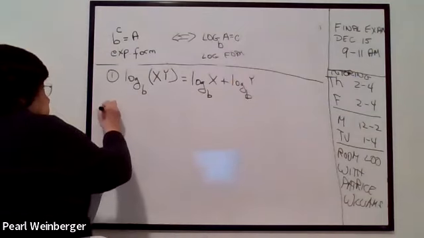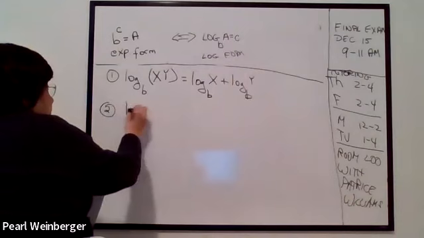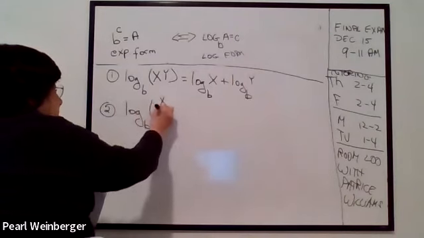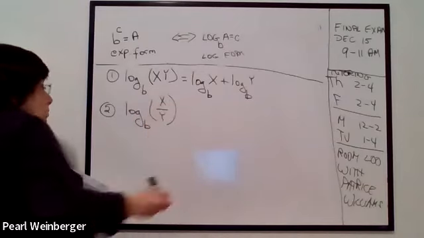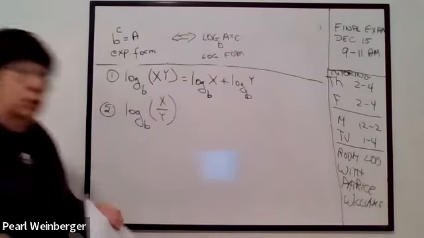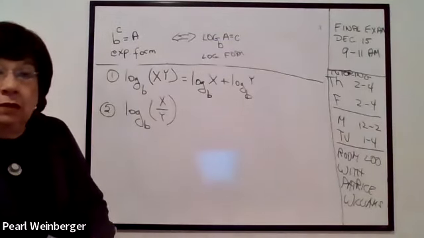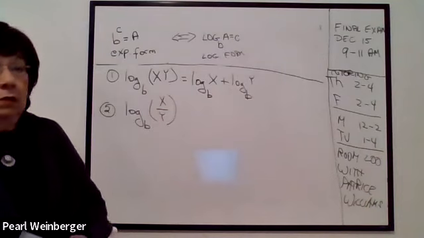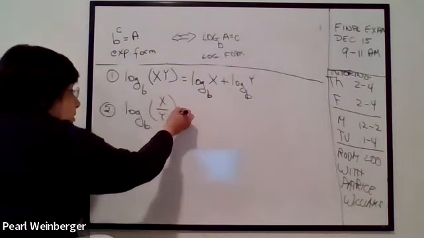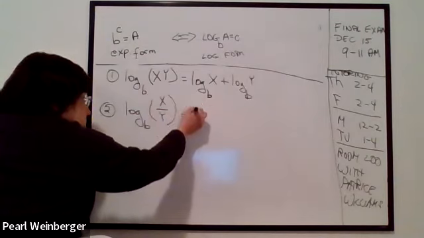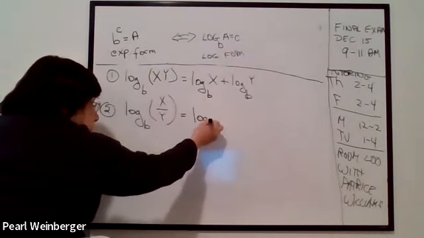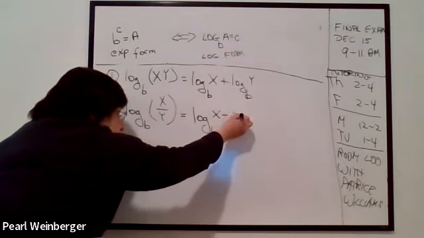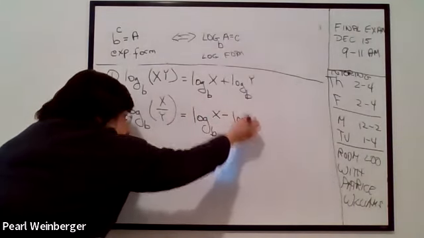What's rule number two? If I have the log base b of x divided by y, well, what's the rule when we're dividing numbers? What do we do to their exponents? We know what we do. We subtract the exponents. So this rule is going to be the log base b of x minus the log base b of y.